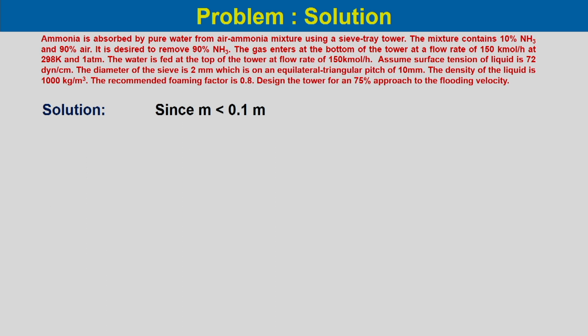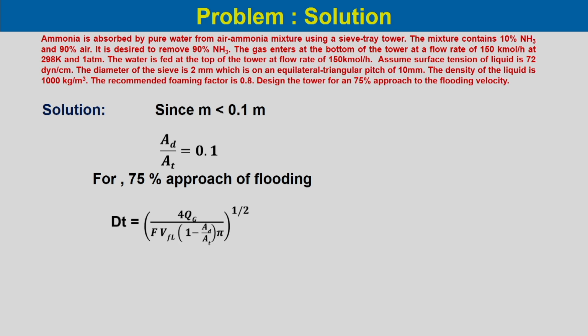Since m is less than 0.1, we can take AD by AT is equal to 0.1. For 75% approach to flooding, we can calculate dt, which is equal to 4 Qg divided by F VFL into 1 minus AD by AT into pi to the power half.